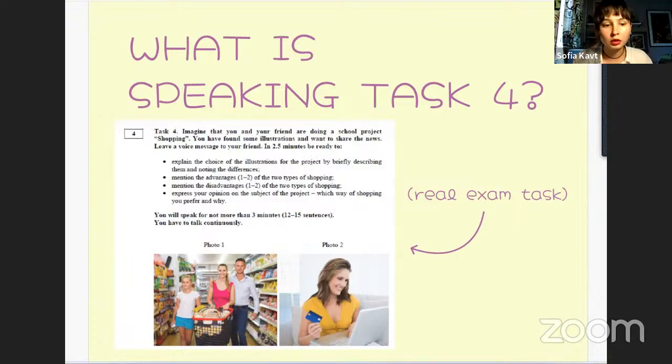So basically, you will need to compare the 2 types of shopping. Not how many people are featured in picture 1 and picture 2, not what they are wearing, and so on and so forth, but only the details related directly to the topic of the project.